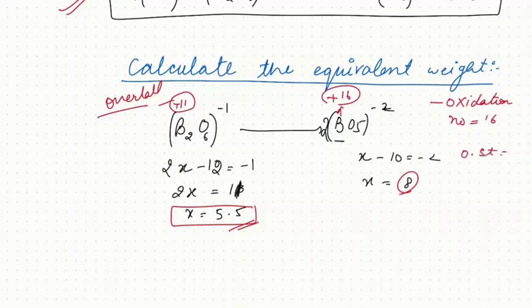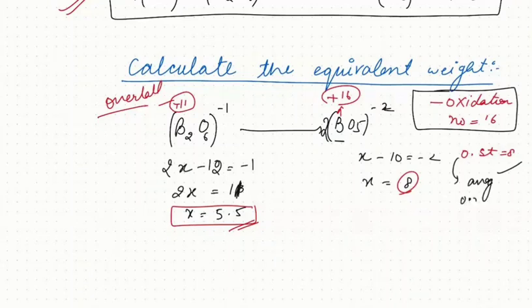Do you understand the difference between oxidation state and oxidation number? Tell me. The oxidation state you can call the average oxidation number. So another name for oxidation state is average oxidation number, and the oxidation number would be 16.